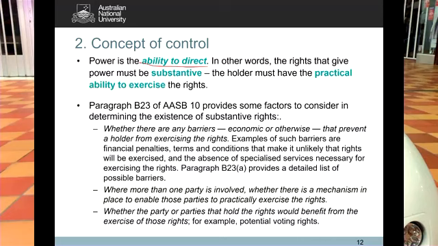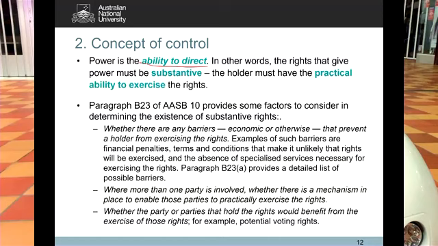They really mean it. The standard provides some factors to consider in determining the existence of substantive rights. For example, whether there are any barriers, economic, legal, or otherwise, which make your ability to exercise the rights not feasible or not practical. If it makes you unlikely to exercise those rights, then you probably won't exercise them, and then you don't have the power.